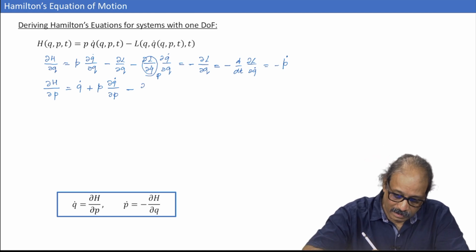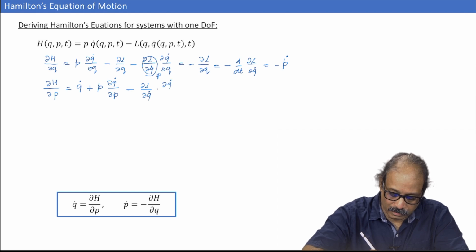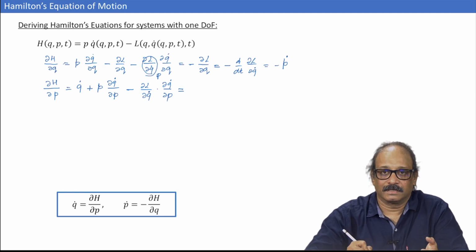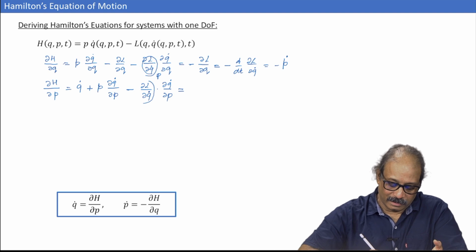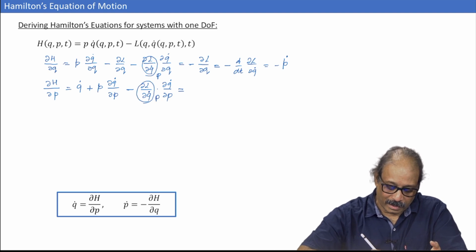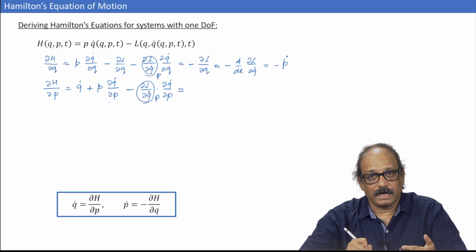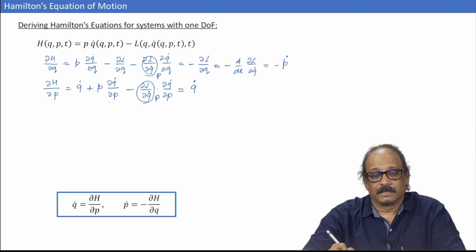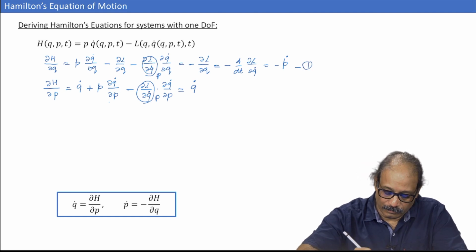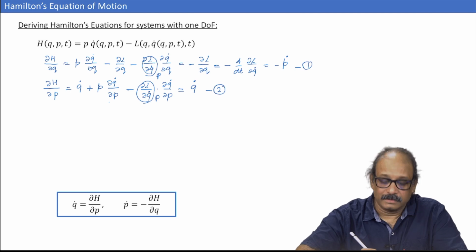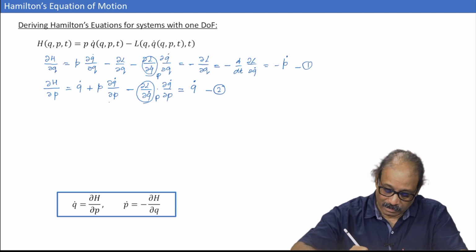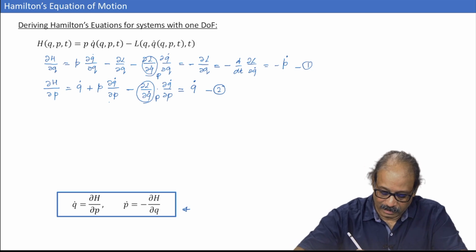So, that will be del L over del q dot into del q dot by del p. And again, just like the first equation, you notice that this here is nothing but p, and the second term and the third term, they are identical. So, this gives you q dot. Okay. These two equations here, 1 and 2, are actually the Hamilton's equations, which I have put in this form here.